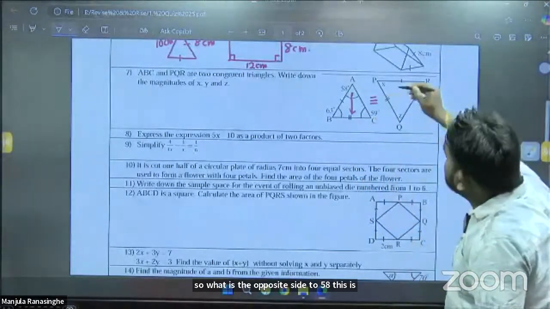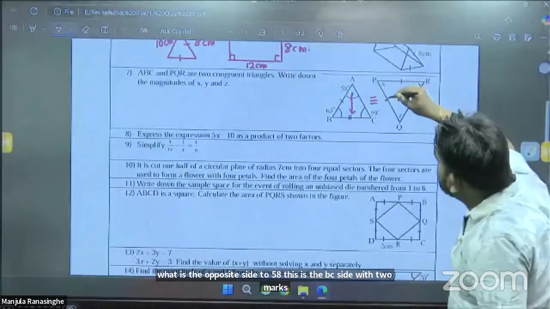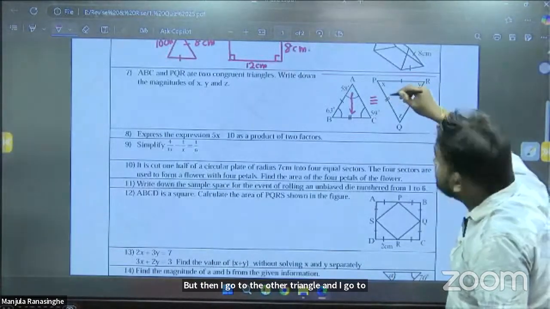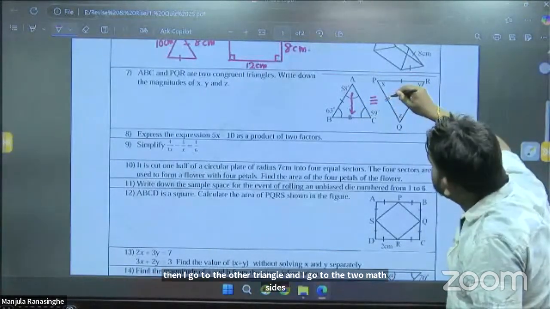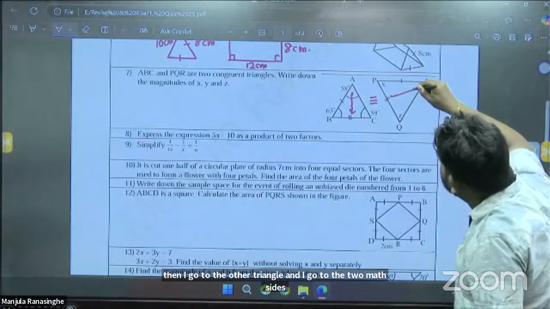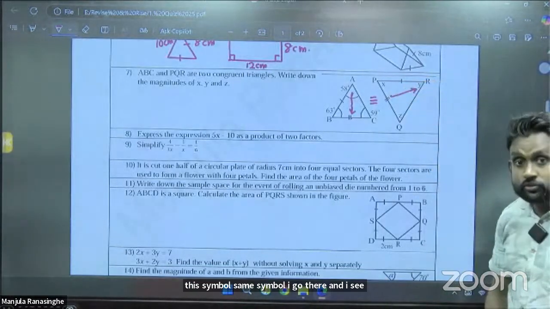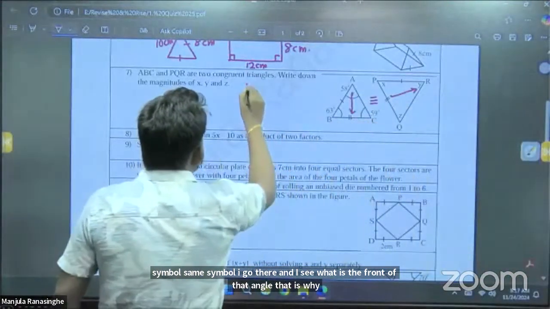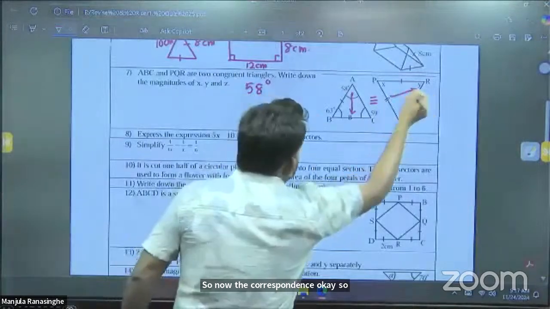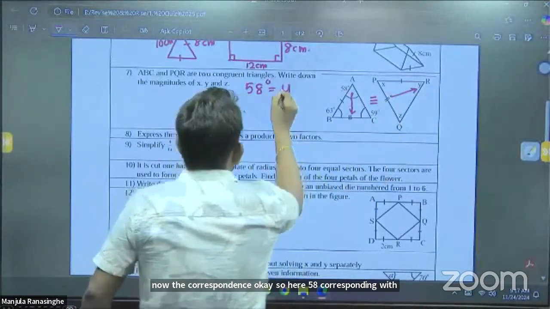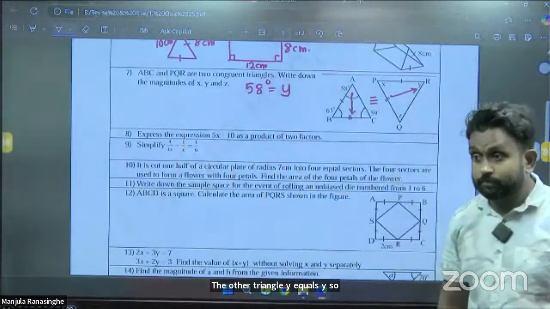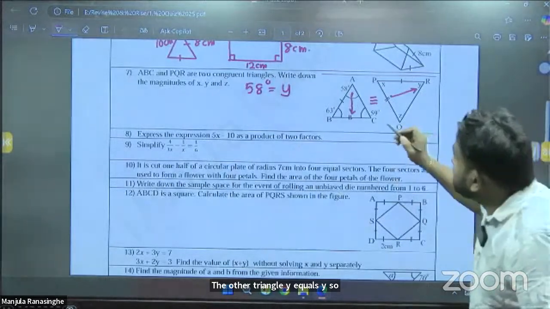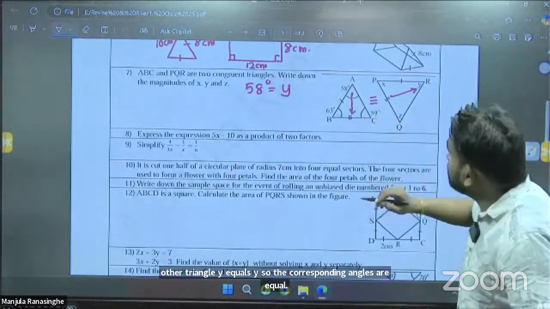Right. Then I go to the other triangle and I go to the 2 marked sides. This symbol, same symbol. I go there and I see what is in front of that angle, that is Y. So now the correspondency, okay. So here 58 corresponds with Y in the other triangle, so Y equals 58. So the corresponding angles are equal. Right. So here I check for 63, what is the corresponding?